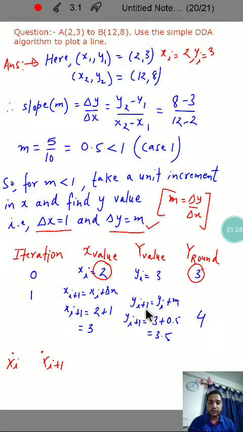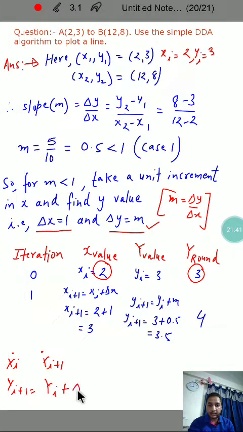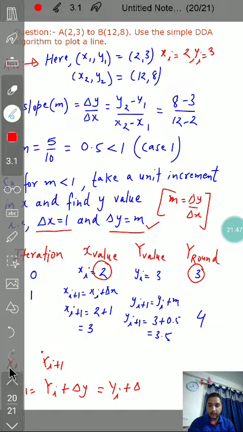So yi plus 1 will not become 3 plus 1, 4, because अब आपको यहाँ पे for yi plus 1 you will be doing yi plus m, because yi plus delta y, and delta y is m.